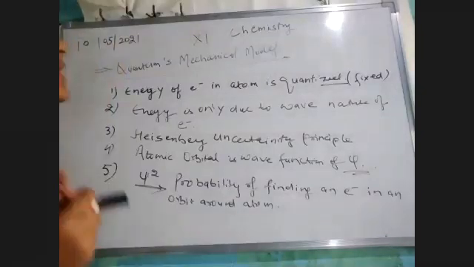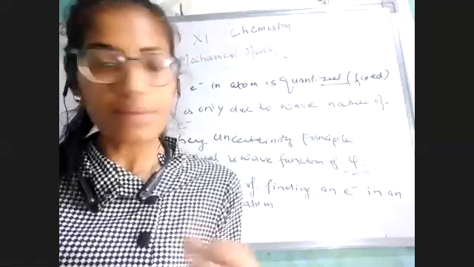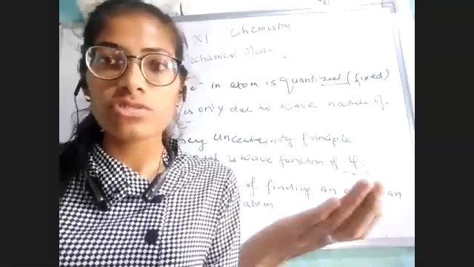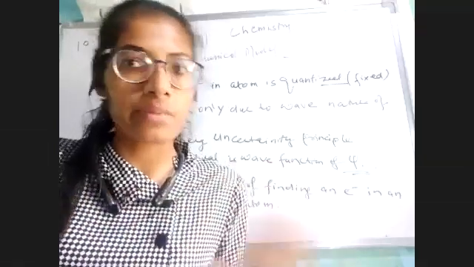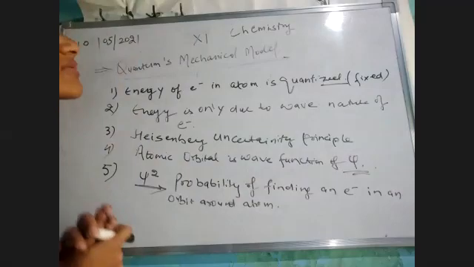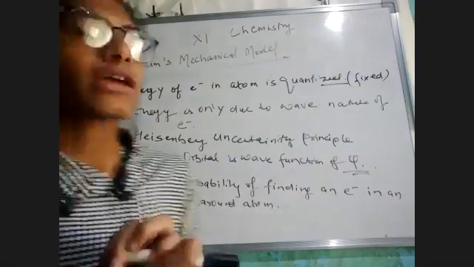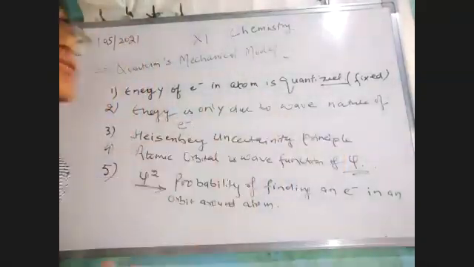So basically, the quantum mechanical model was based on the microscopic level. I have told you why we need to study microscopic rather than macroscopic. I have taken the example of 10 gram and 10 raised to power minus 6 gram. The first postulate given by the quantum mechanical model is that the energy of an electron in an atom is always quantized. It is always fixed.